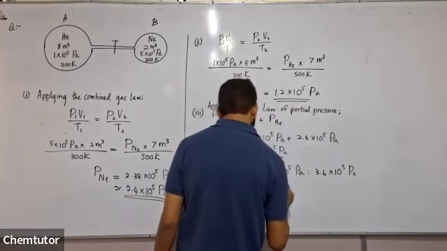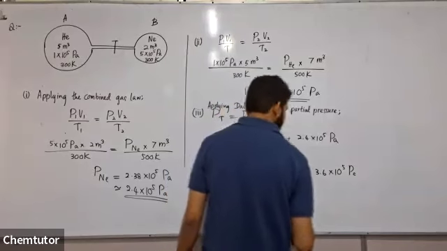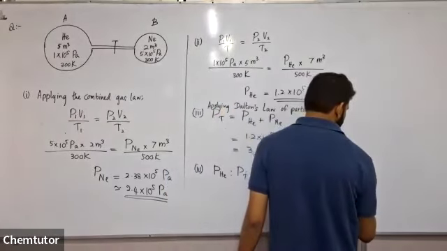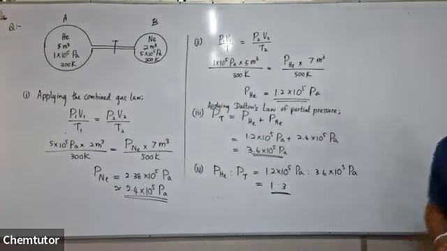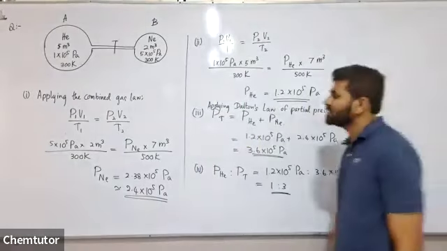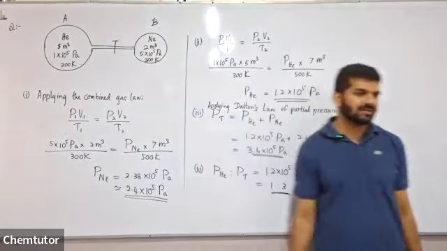So answer will be 1:2. That is the ratio. That's quick. So that's how we find these values. Okay. So that is the end of the first part of this lesson.